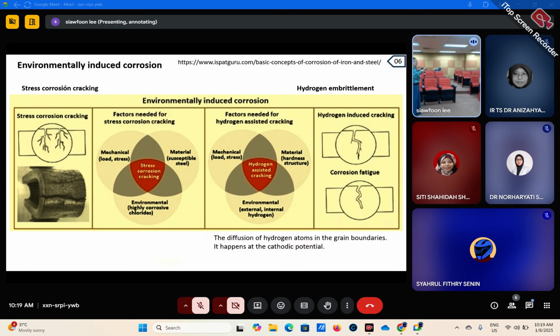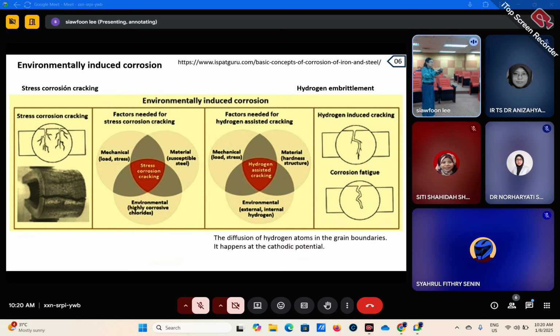Another one is environmentally induced corrosion. There are two types. One is stress corrosion cracking. Another is hydrogen embrittlement. So what do you mean by stress corrosion cracking? As you know, when people put steel inside concrete, especially in structural engineering, they will stress the steel first, and then they add in the concrete, which is called pre-stressed concrete.